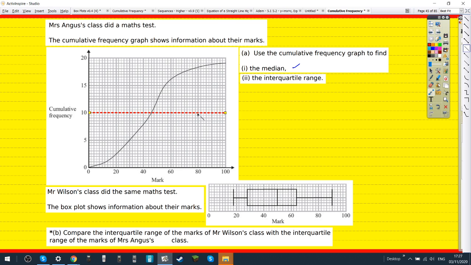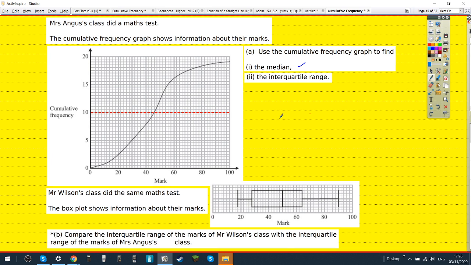The median was the 10th one. Then you need to find 1/4. So half is 10. It went up to 20 in total.